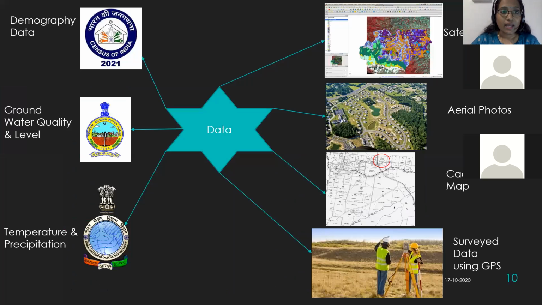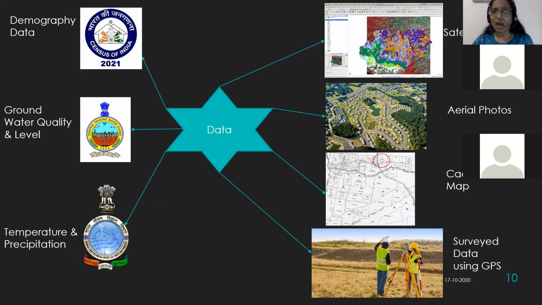So next we have data. What is this data, and where can we get it? For example, if I am doing a GIS project, I require features like temperature, precipitation, relative humidity, etc. You cannot get that data very easily from the internet.